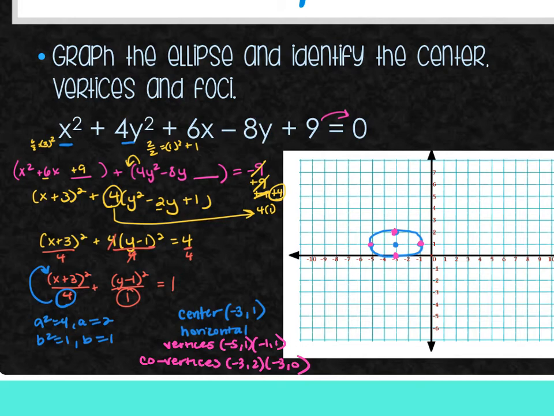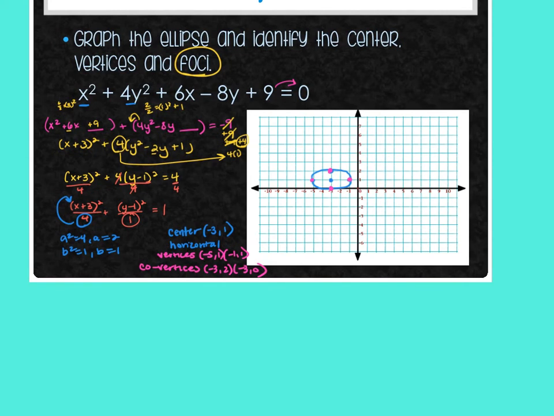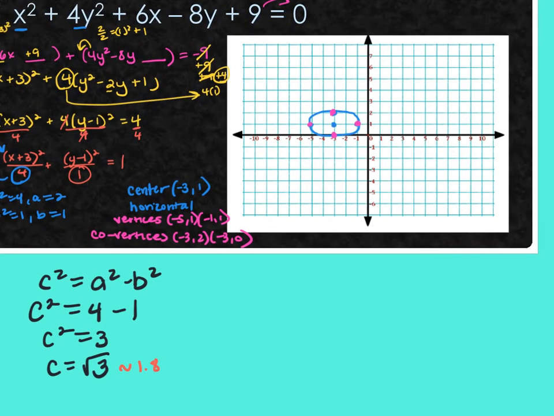And last but not least, I need the foci. So I need c. Remember that c squared equals a squared minus b squared. c squared would equal 4 minus 1. c squared would equal 3, and c would equal the square root of 3. If I was to graph that, I'm going to approximate that to be maybe 1.8 because it's a little bit less than root 4, which would be in this direction and this direction.